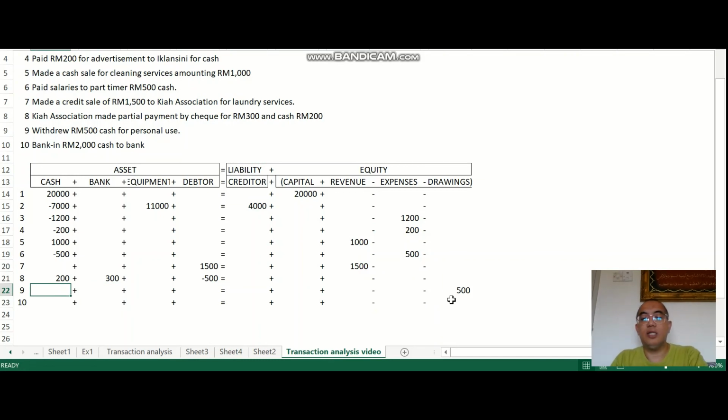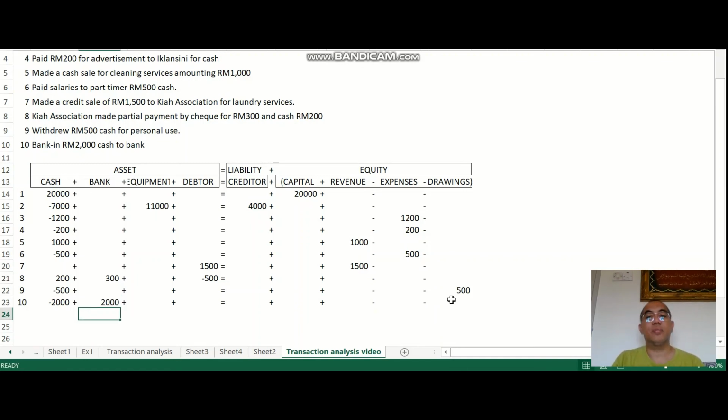So minus 500. Okay, what about last one? Bank in cash to bank. So your cash will reduce by 2,000 and your money inside your bank will increase by 2,000.